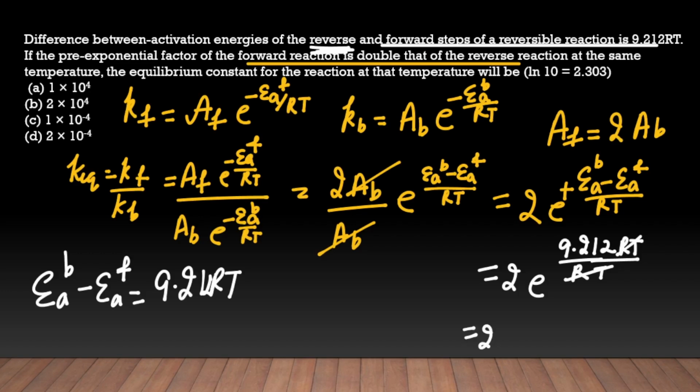So the answer is 2 times E raised to the power of 9.212. So just solve this and get your answer. On solving this, we get the answer as 20033. This is the answer, which we can say is approximately 2 into 10 raised to the power of 4, right? That means the correct answer becomes option B in this case, right?